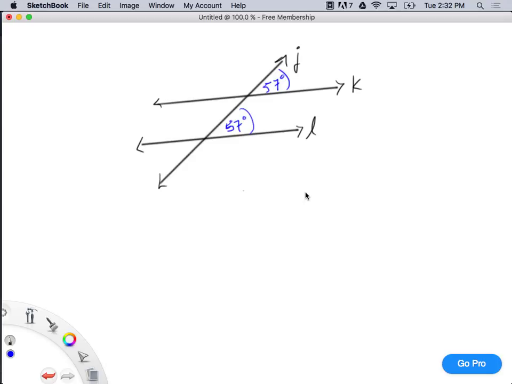That's how I know. Because the converse of the corresponding angles postulate says that if two corresponding angles are congruent, then the two lines are parallel. You see? Now, that's a lot of language. I realize that. So how do you think about it in a way that doesn't get confusing? These two angles are corresponding, right?